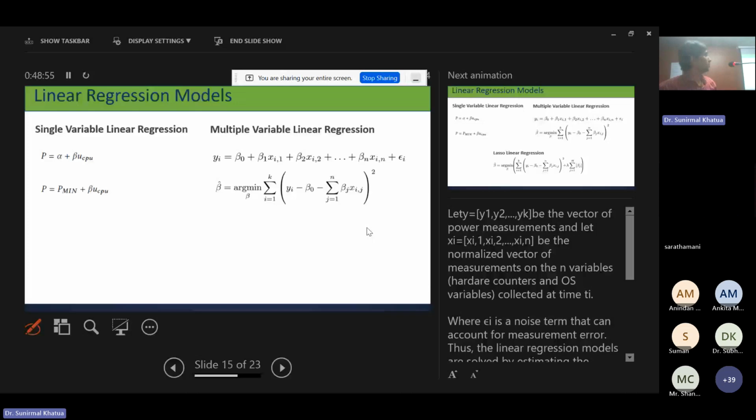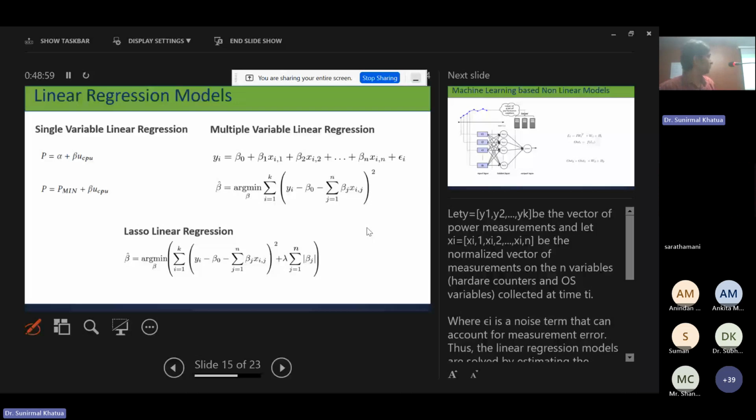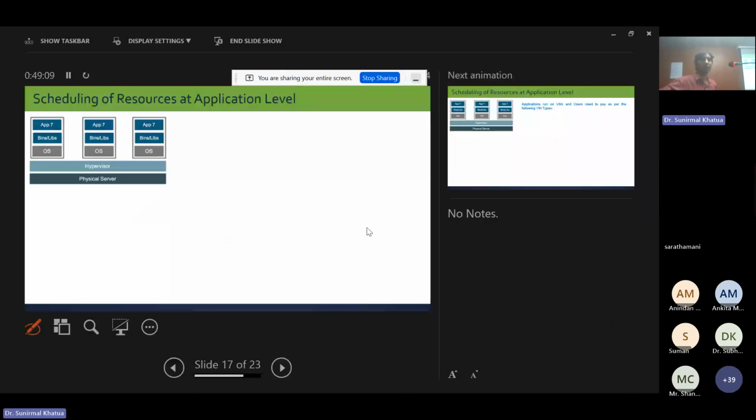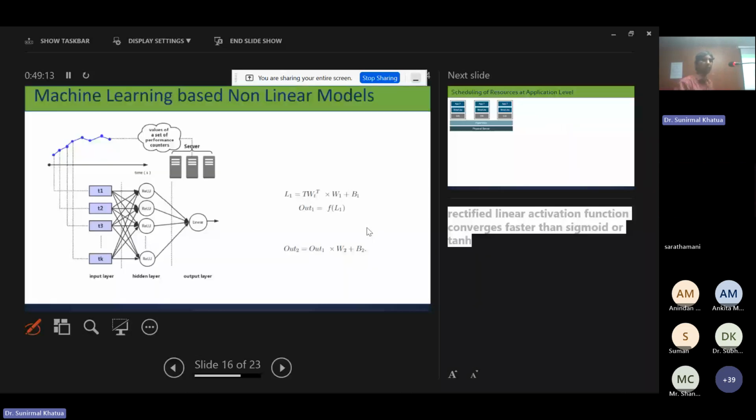Or we can use a lasso regression, which will solve the problem of overfitting by using a second term here. We can also use a machine learning model to estimate the power.